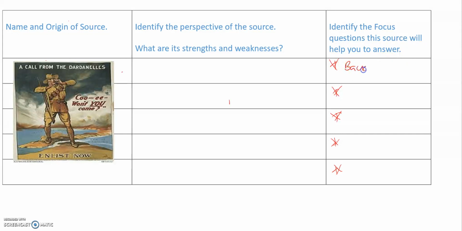The next one might be the role of an individual. The one after that might be the short-term impacts, the long-term impacts, and the continuities. If you pop those in straight away, they will also help you have a think about your sources.